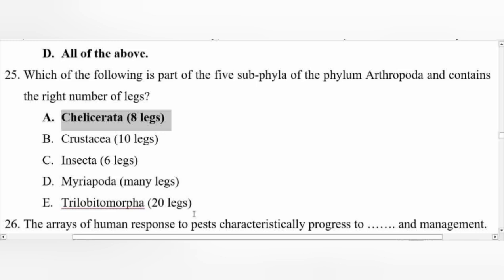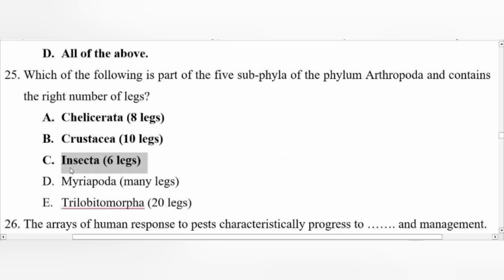I've started choosing the right options because we don't have anything like all of the above or none of the above. So any of them that you think is part of the subphyla, you should be able to mention. I know the subphylum Chelicerata with 8 legs, and the subphylum Crustacea.